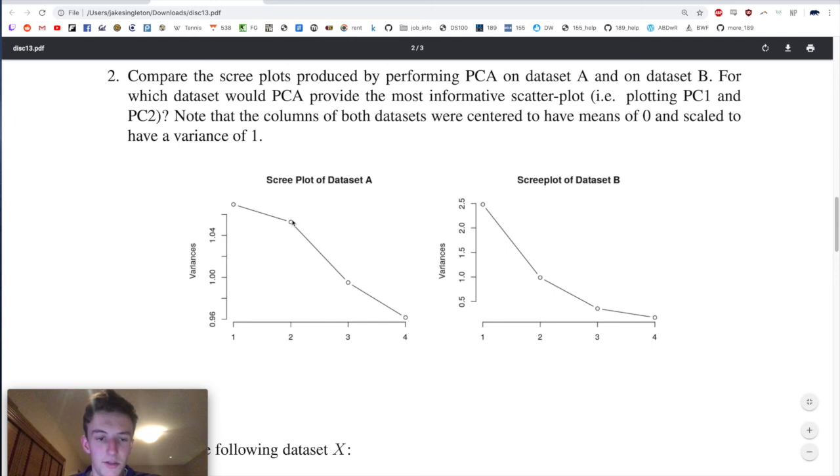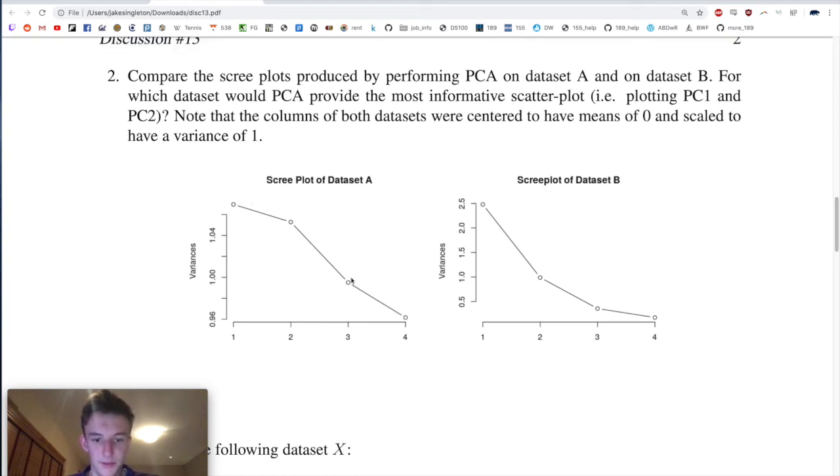Principal component 2 only reduces us to maybe 1.05, and then 3, we only go down to 1. So we can see that the variance explained by each of the 4 principal components is pretty similar. And so just using the first 2 is not going to be very helpful relative to what we see in the scree plot for data set B.